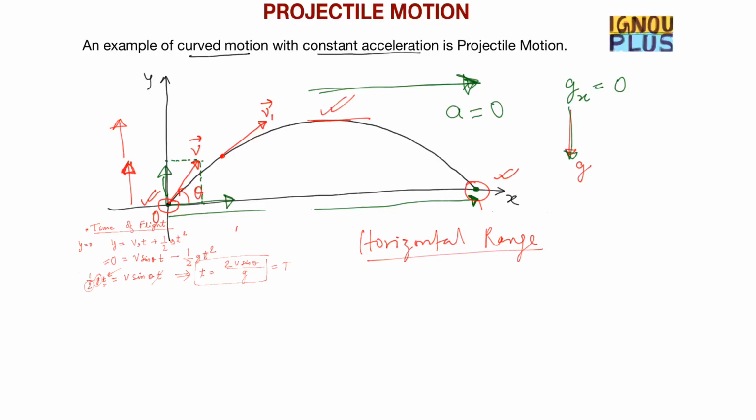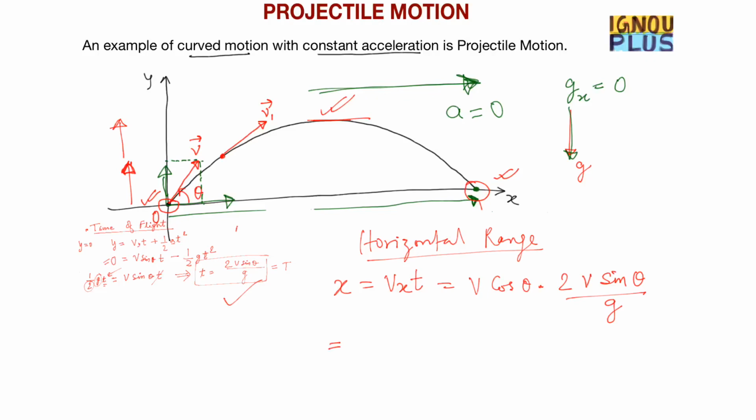Or the distance attained by the projectile, which happens only in x direction when it hits the ground. So this length, we have already discussed this length as the x distance, which is Vx into time, and Vx is V cos theta, and time we have already got here, which is 2V sin theta by g.